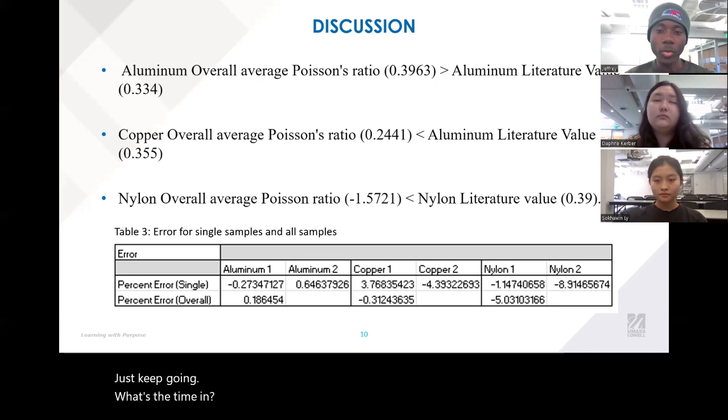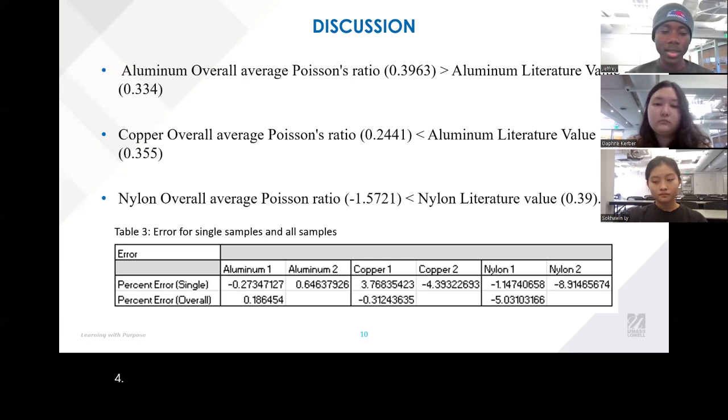The average value of 0.39, with error as far as 0.91%. Nylon typically has the same Poisson's ratio. It suggests major experimental errors, miscalculations, or unusual material behavior.